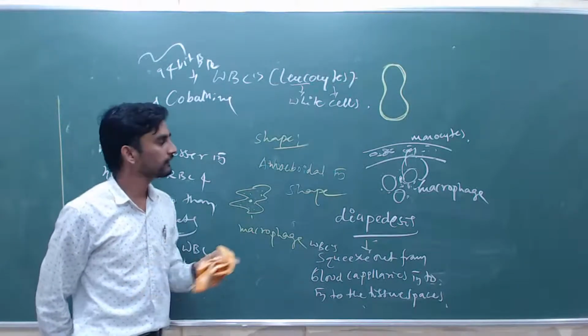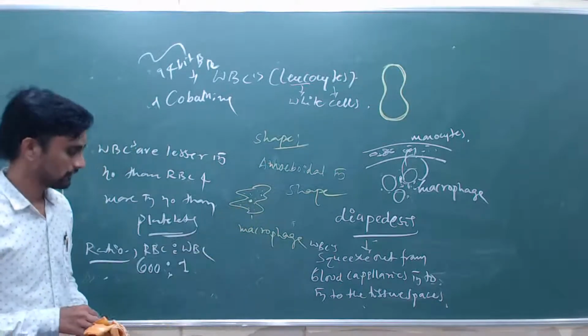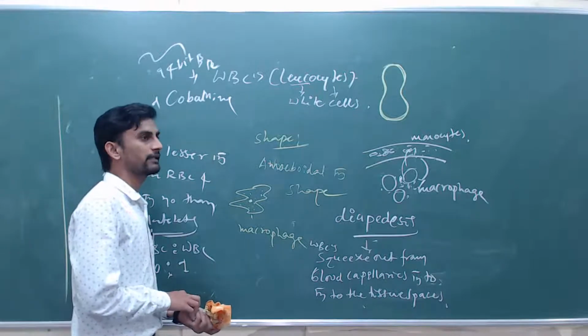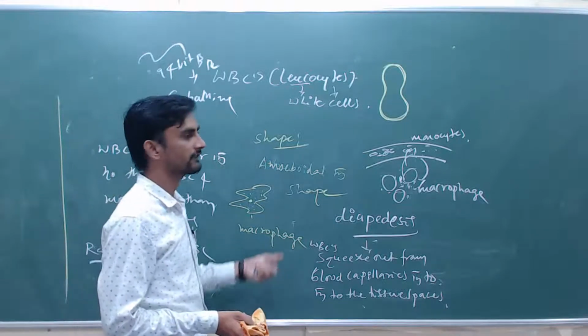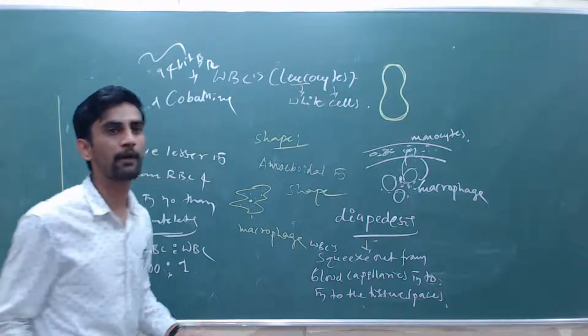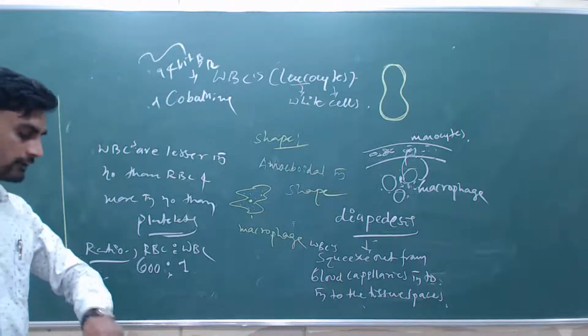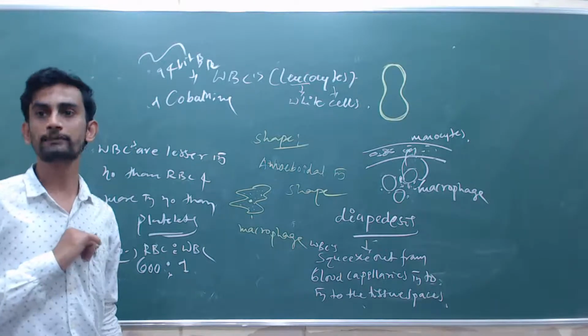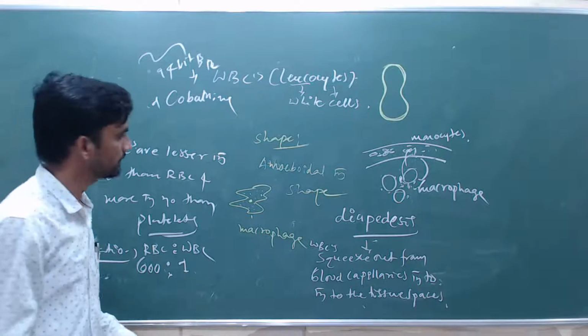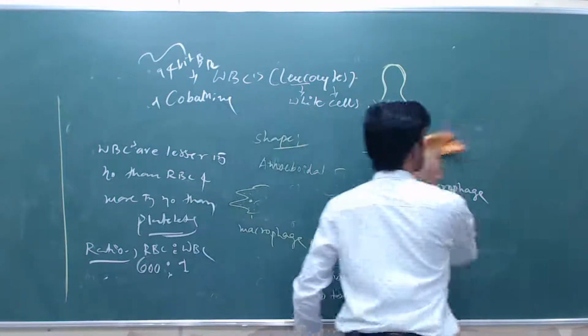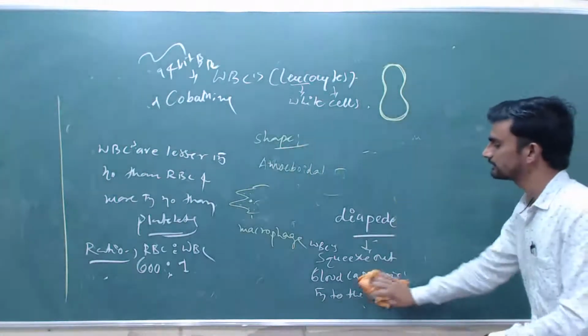Are you getting my point? This is a very important phenomenon about this WBC: by undergoing diapedesis, engulfing of the foreign particle, if it is there in tissue space. Are you getting my point? This is one line of information about shape and diapedesis.